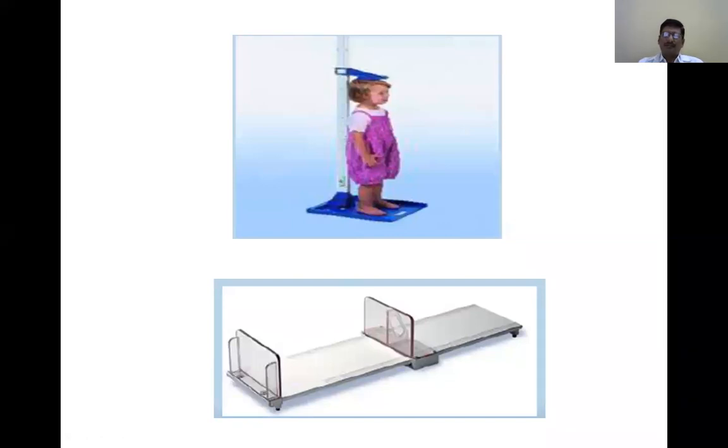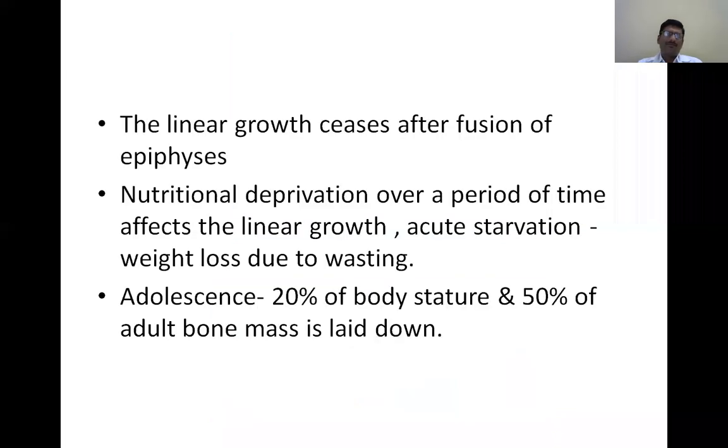compression of the ligaments. See how the linear growth ceases or stops after the fusion of the epiphysis, and nutritional deprivation over a period of time affects the linear growth. Suppose a person is not fed with a nutritious diet, or there is malnourishment, or a case of acute starvation, etc. There will be weight loss due to wasting, especially in adolescents. 60% of body stature, that is the height, and 50% of bone mass are wasted due to malnourishment.